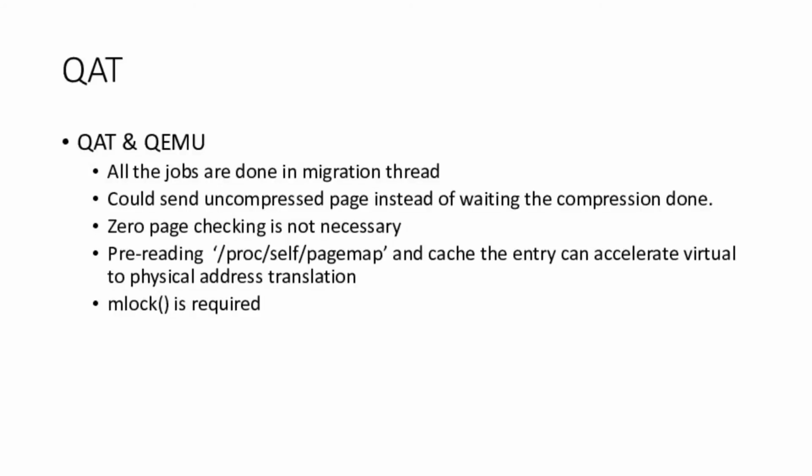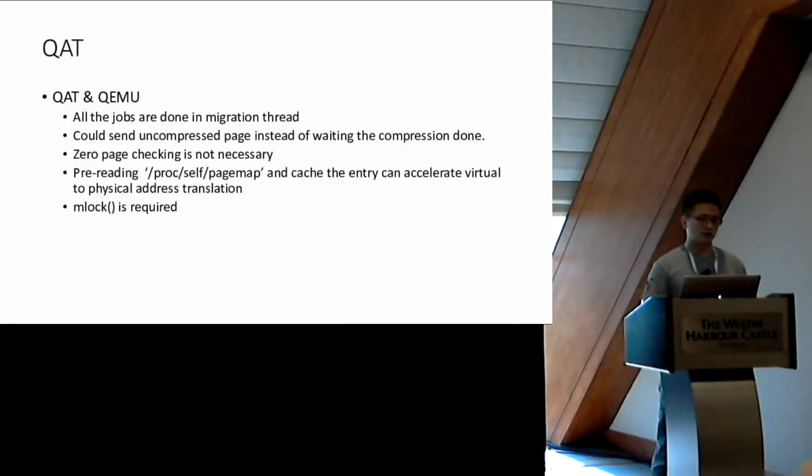In order to integrate QAT into QEMU, all the jobs can be done in the migration thread, and QEMU can send multiple requests to the QAT device. QEMU also needn't pay attention to zero pages because the QAT hardware can handle zero pages perfectly.